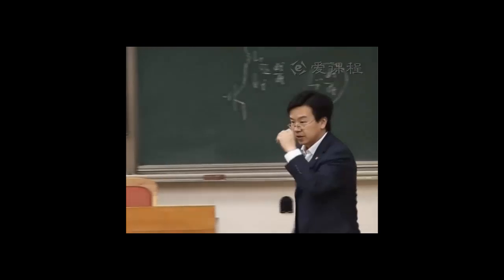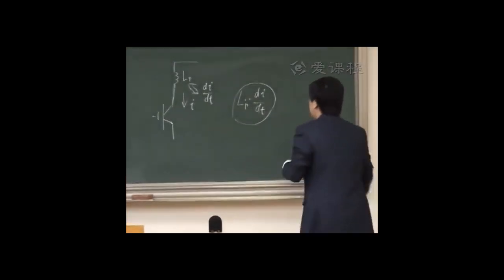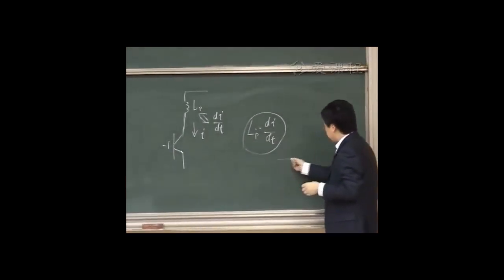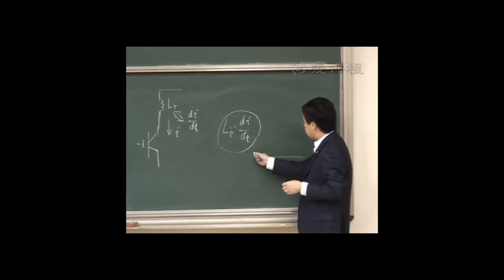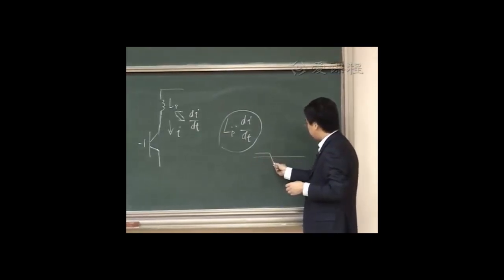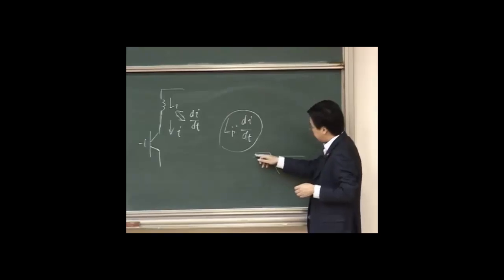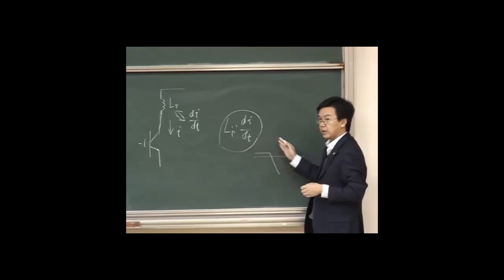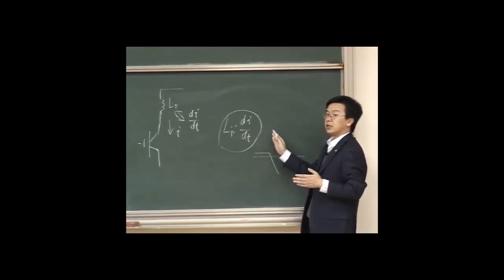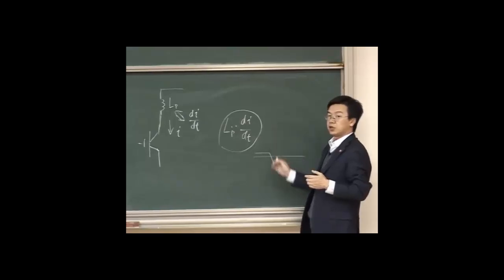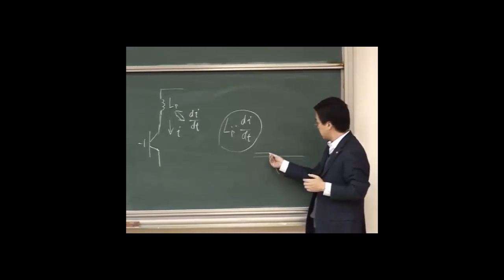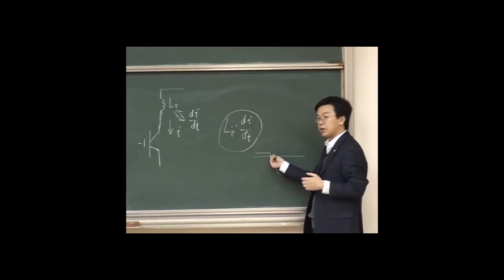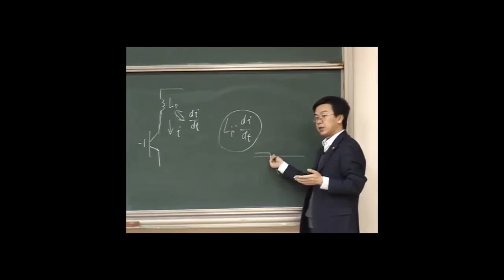Another typical reason is reverse recovery of diode or thyristor. If you still remember, for the diode, the reverse recovery waveform will be something like this. Originally, the positive current is flowing through the diode, and when you turn it off, you apply reverse voltage across the diode, that current will decrease to 0, and it will not stop at 0.